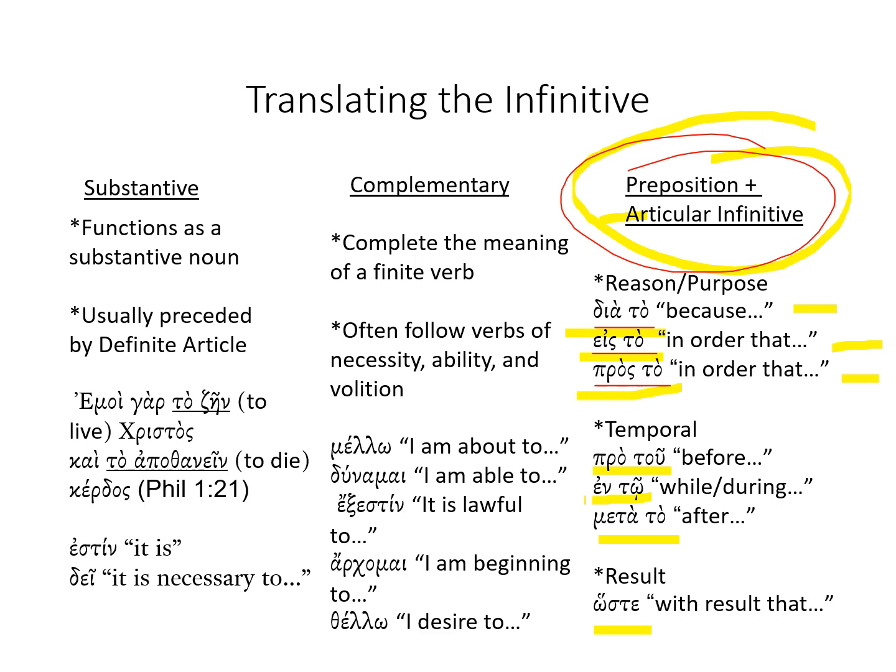And in the whole sequence of the verse or the clause, you'll want to think about causal with dia to, eis to, purpose, pros to, likewise purpose, and then some temporal nuances, pro tou, en to, meta to, and then hoste with result.